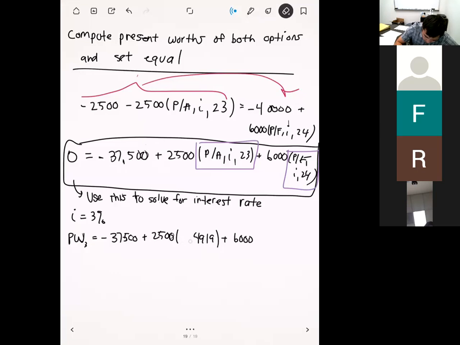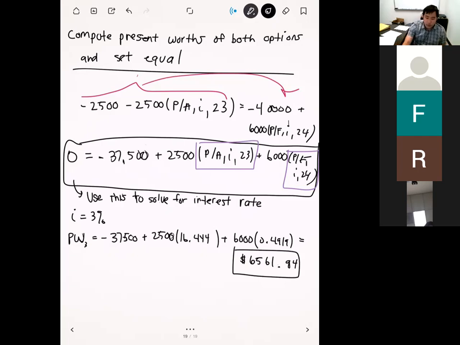The conversion factor for the 2,500 should be 16.444. I apologize for that. I was reading my notes in a little bit of the wrong order. The conversion factor for the 6,000 should be 0.4919. Yeah, that makes a lot more sense. And so if we do this, then we get $6,561.94. And so we're not quite at zero yet.